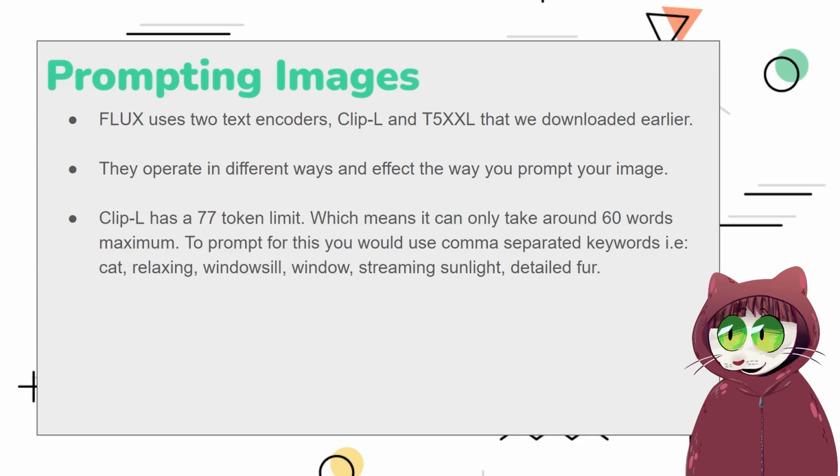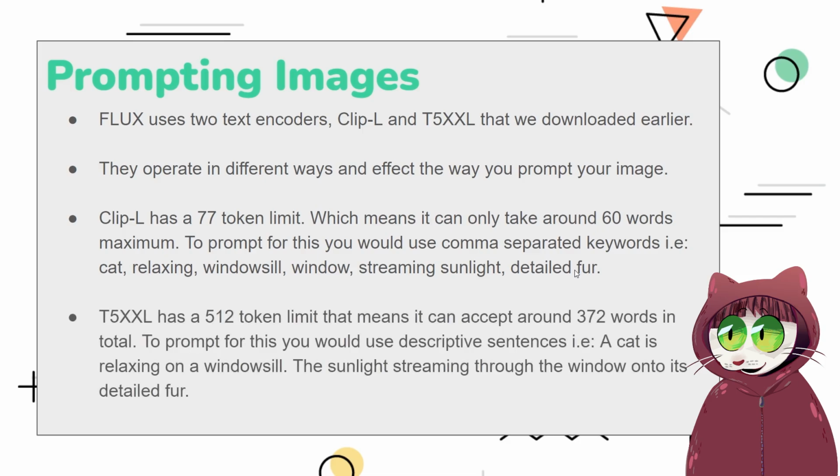Now, ClipL is actually an encoder that's directly tied to images. This encoder understands what things look like. So when we say cat, it knows what that looks like. When we say windowsill, it knows what that looks like. The other encoder that we actually use is the T5XXL. This encoder has a much larger token limit, 512 tokens, which actually means it could accept around 372 words in total.